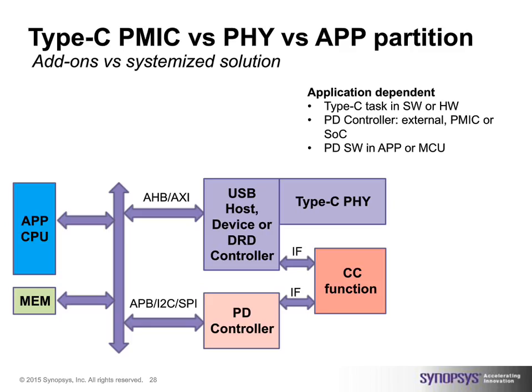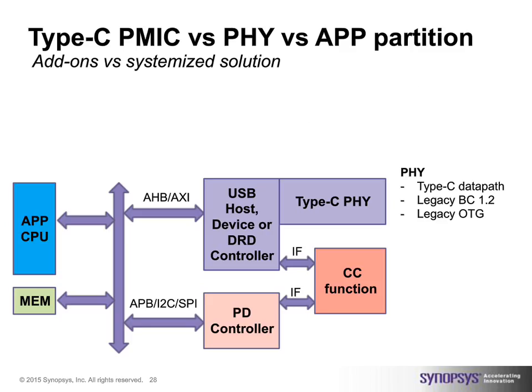So in the PHY, you'll typically have a Type-C data path, and you also need to have legacy on the go and battery charging in there, because Type-C conversion won't happen overnight. There will be a need for adapter cables. You will need to connect to legacy systems.